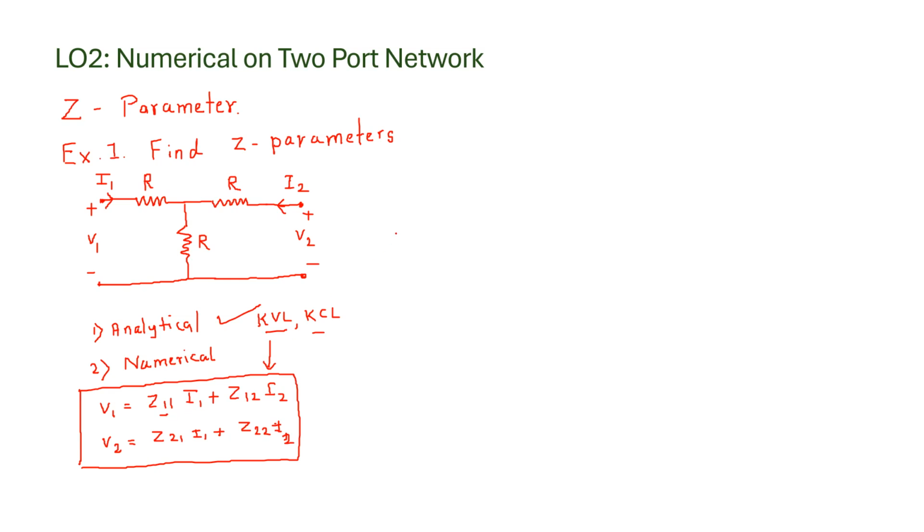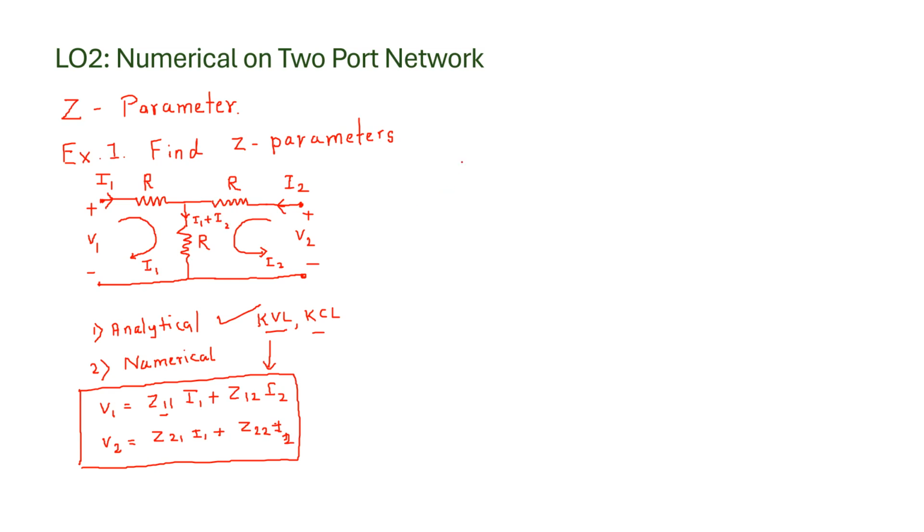Let us see how we can do it for this circuit. Now here we have two loops, so this is loop 1. Let us take this loop current as I1, and this is loop 2. Let us take this current I2. So the current flowing in this resistor will be I1 plus I2, the sum of the two loop currents.